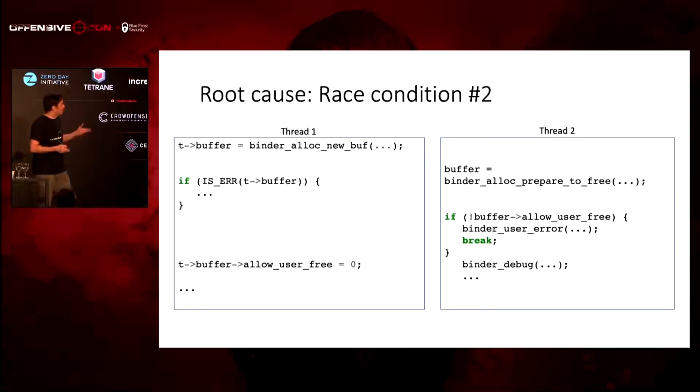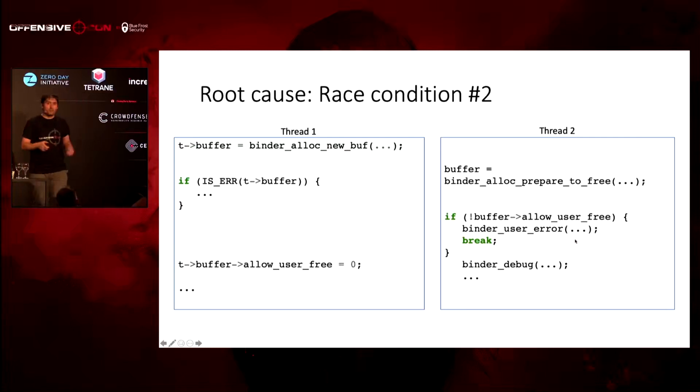And again, when we look at it, the culprit is the allow user free variable, which is also unlocked. The update is unlocked, and it turns out that when this buffer is returned from the allocator, if the buffer was ever used for a previous transaction, it already had this flag set to 1. So this gives me a window from this point to come in and free this buffer and pass this check.